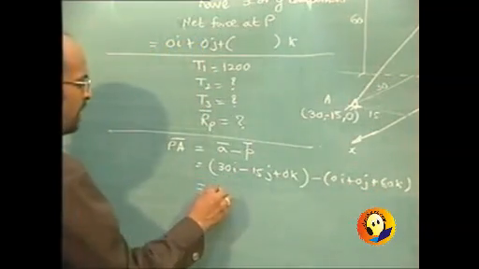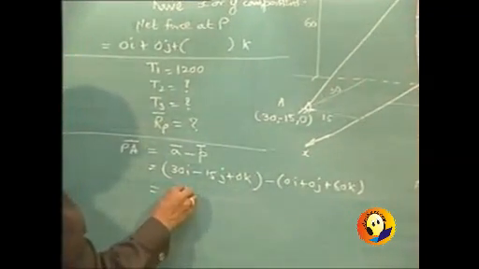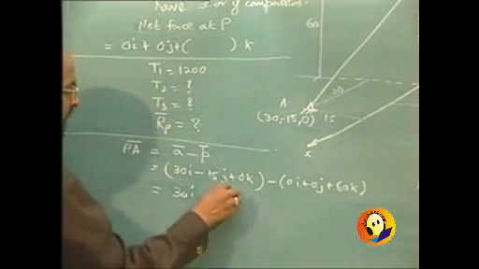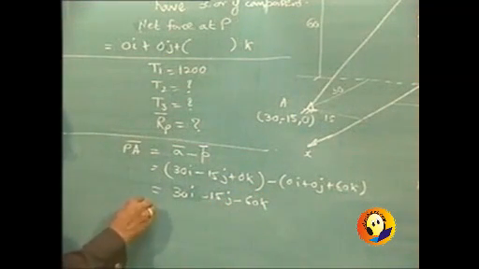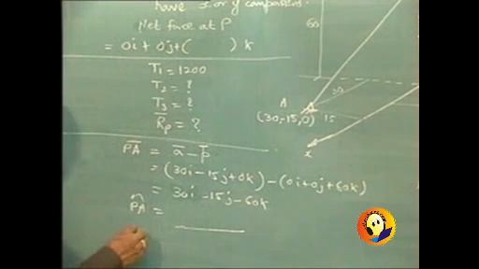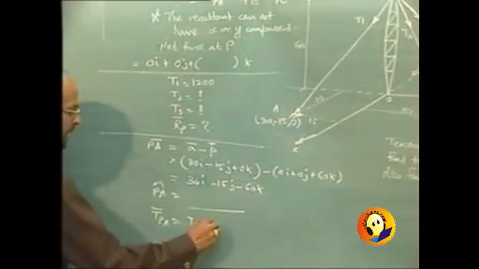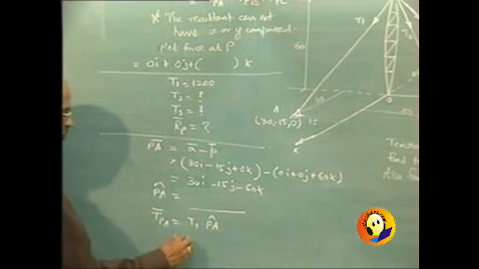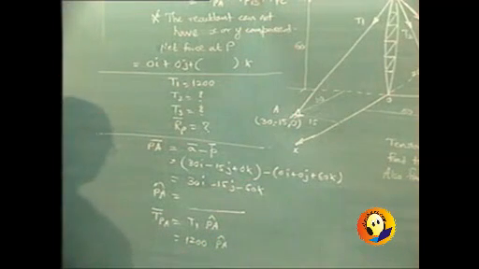So ultimately PA bar comes out to be 30i minus 15j minus 60k, and so you can find out PA cap, that is vector upon magnitude. Once we find PA cap, then TPA bar will be T1 into PA cap, and T1 is known to us, so it is 1200 into PA cap. That is our first calculation.